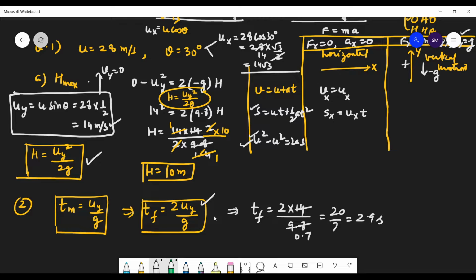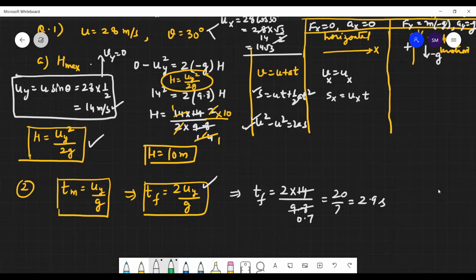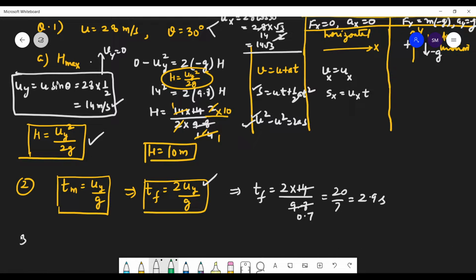Now, how far does the ball fall from the observer? It means we have to find the range. So from here to here, what's this range? Horizontal velocity, there is no change.